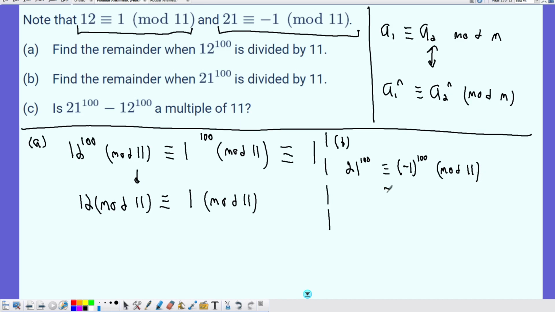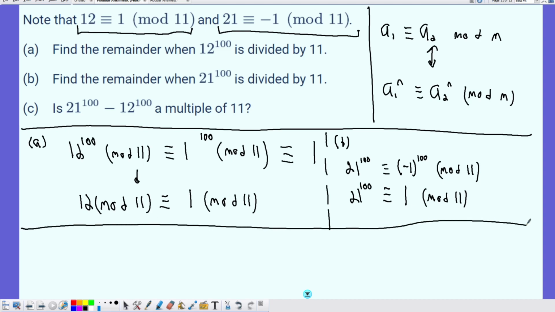And that is congruent to, well, anything raised to an even numbered exponent becomes positive. So in this case, it's going to become a positive 1, then mod 11. So 21 to the 100th power is congruent to positive 1 mod 11.